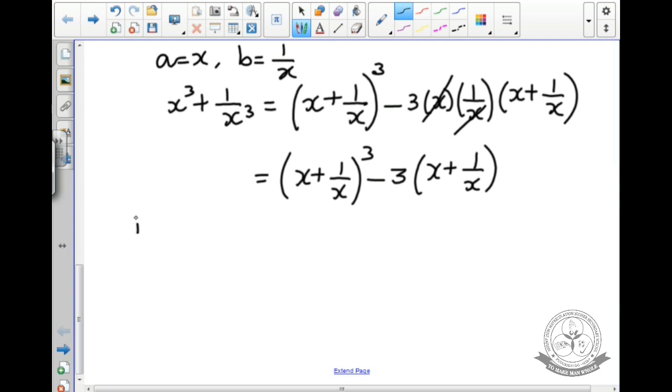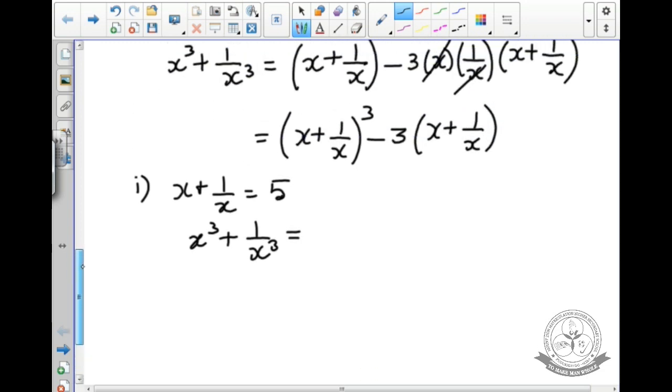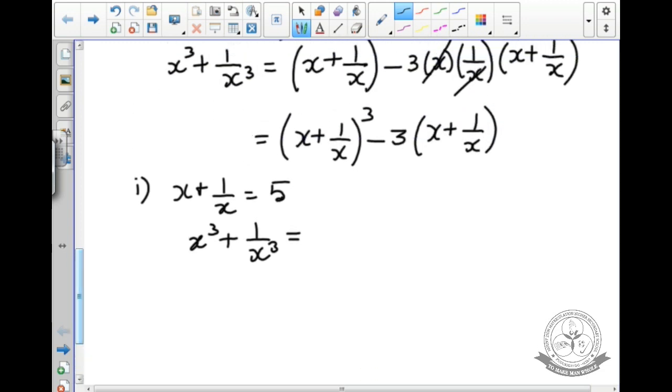First I take x plus 1 by x is equal to 5. So x cube plus 1 by x cube is equal to 5 cube minus 3 into 5. 5 cube means 5 into 5 into 5, you will get 125, minus 3 into 5, 15.